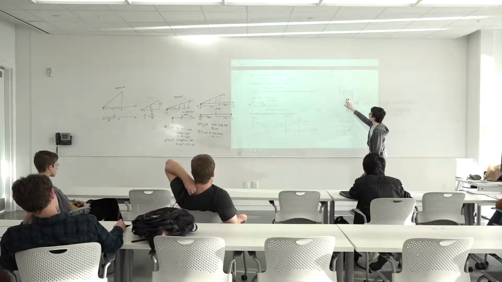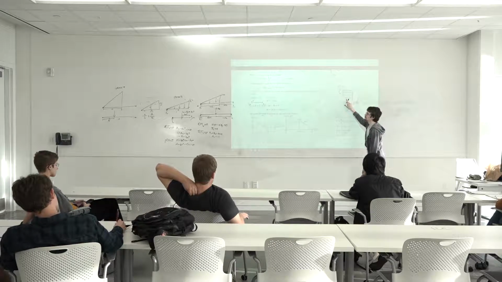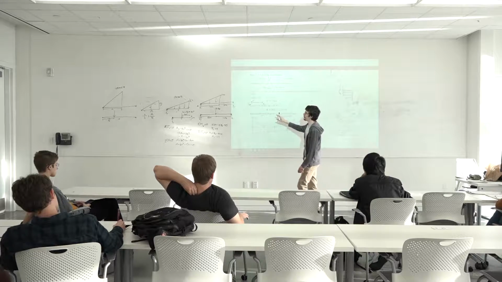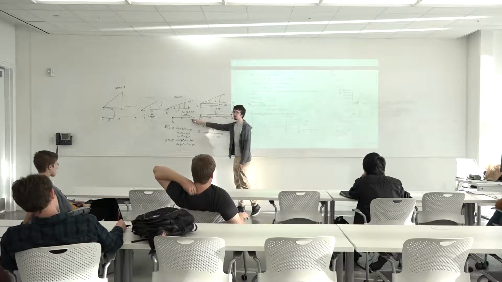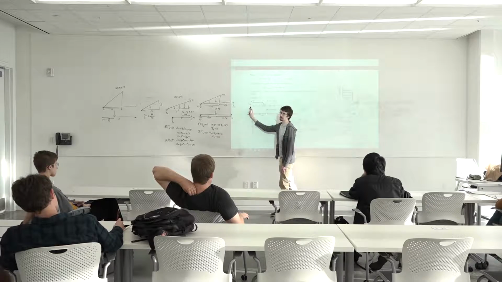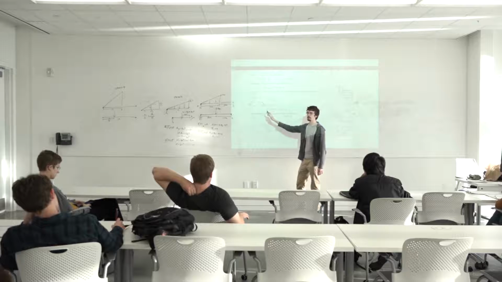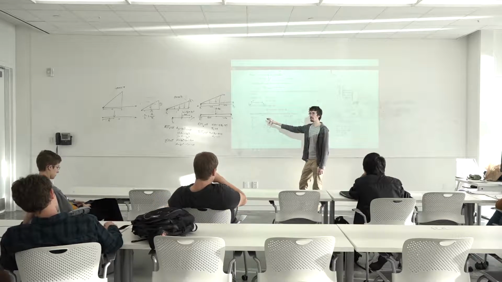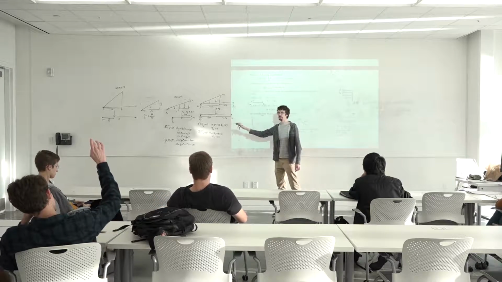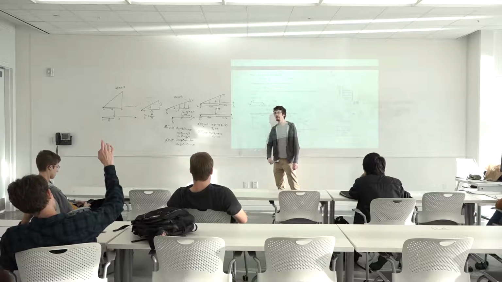I wrote the moment going this way, so I need to have this moment going in the opposite direction, because those forces should be at equilibrium. Those are both going counterclockwise.